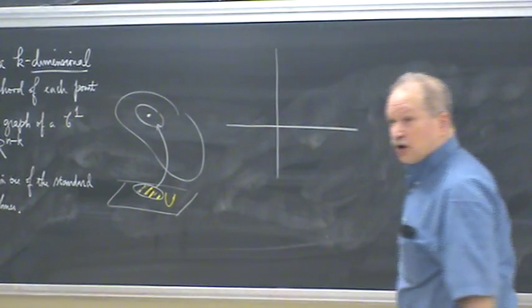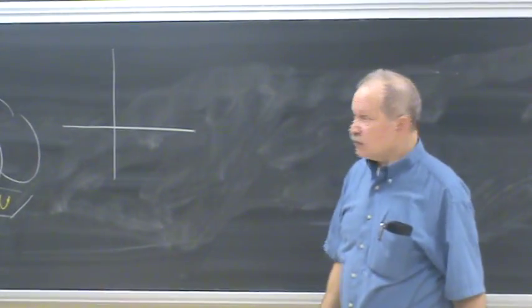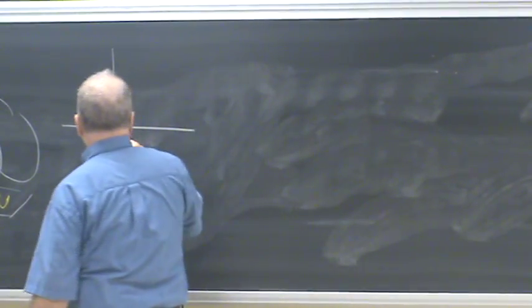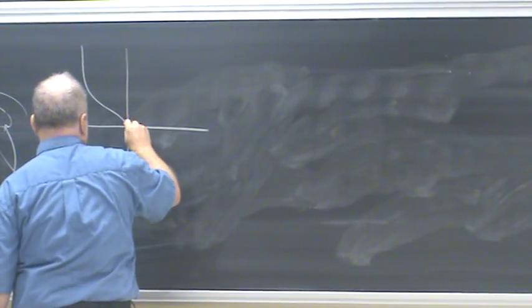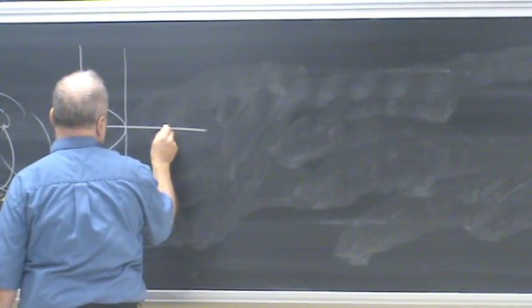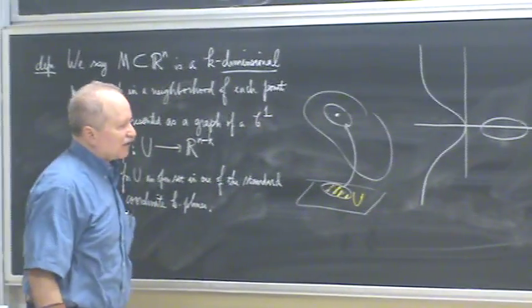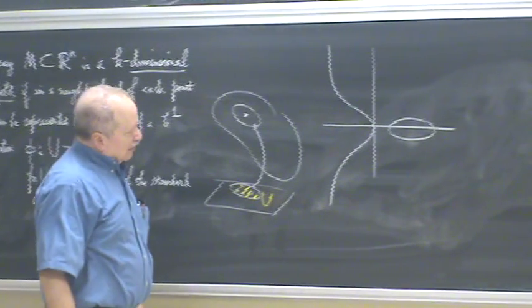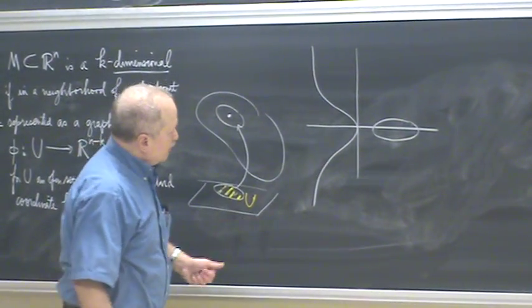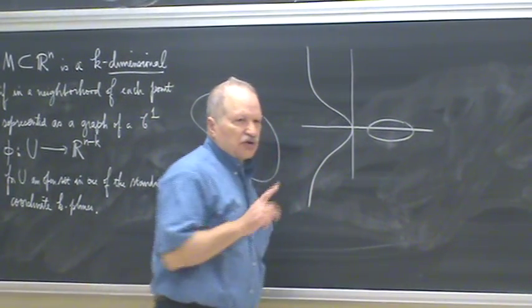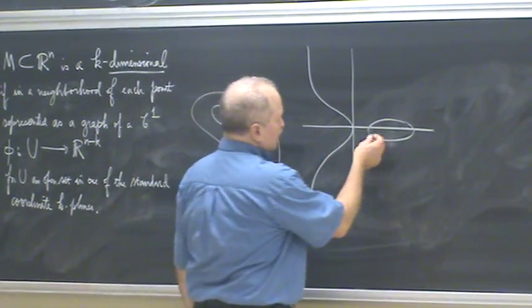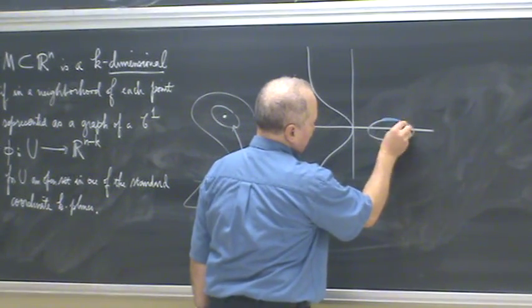Yesterday we were talking about curves in R2. And we had pictures, for example, we had a picture that looked something like this. And so the question would be, is it true? So think about how many degrees of freedom you have moving on such a thing.